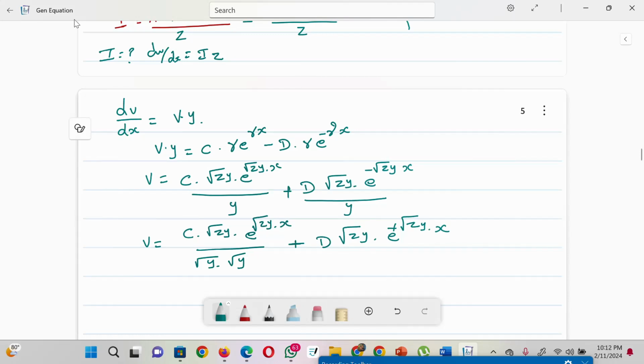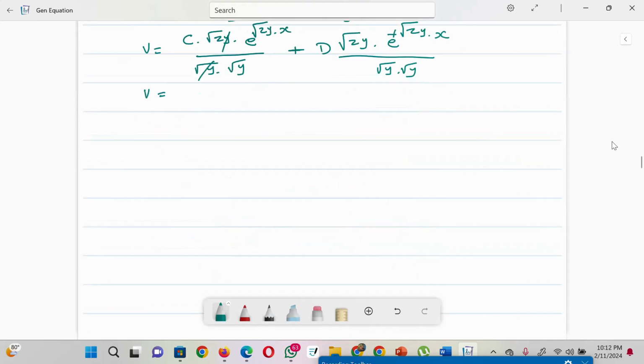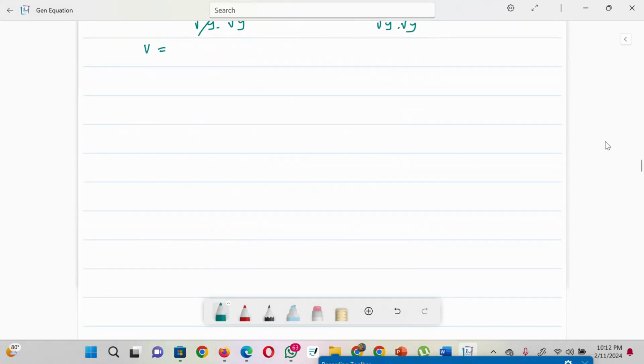So finally, what is the value for v? V equal to, so the y cancels. Here also we are going to use root y into root y, so the two y's cancel. Then v equal to c into root of z by y.